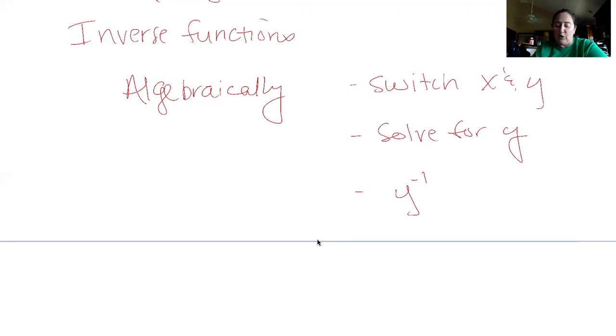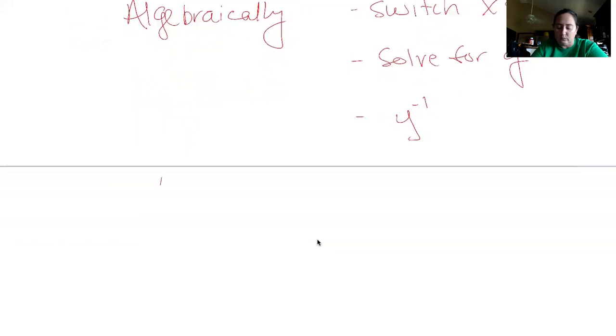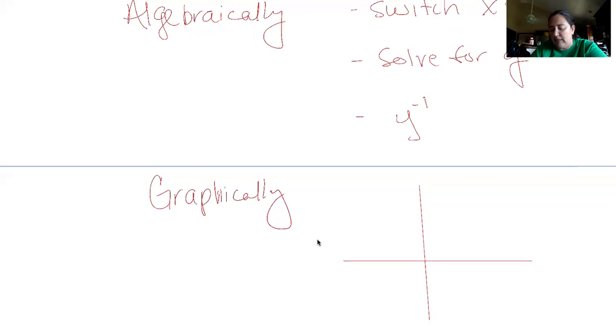Now, graphically, what do we need to look for? If functions are inverses, then they need to be symmetric about the line y equals x. Well, what's the line y equals x? It's the diagonal line that goes through here.